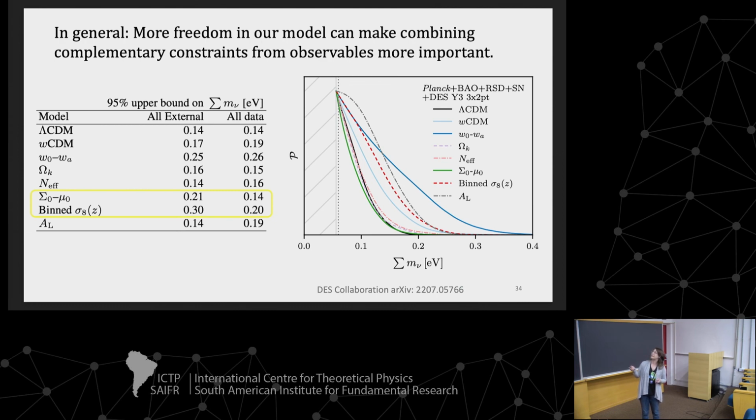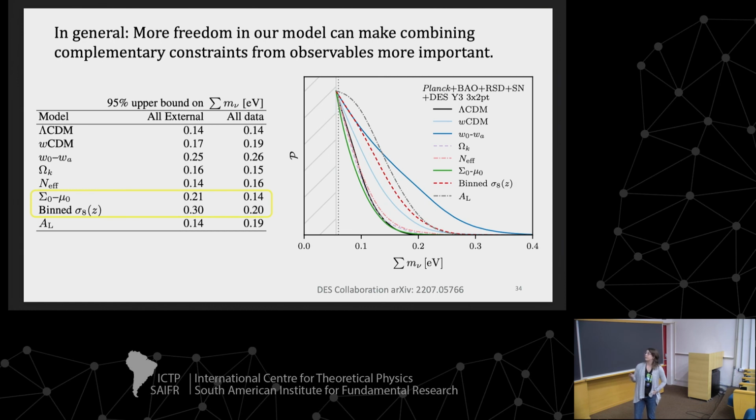In lambda CDM, DES basically adds no information on neutrino mass. And that was not surprising to us. We just marginalize over it to make sure we include that in our theoretical uncertainties. But when you start looking at models which affect structure growth, this is where adding the additional growth information from DES can help break these degeneracies and distinguish between, for example, these modified gravity parameters and neutrino mass, or these bin sigma 8 parameters and neutrino mass.